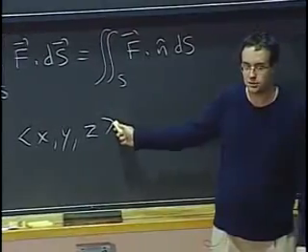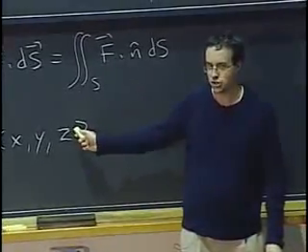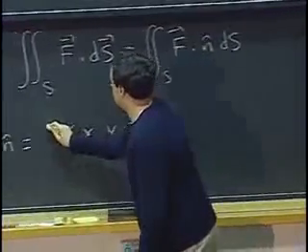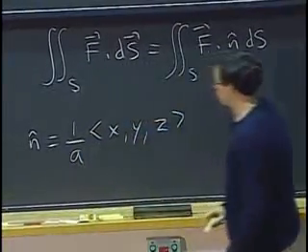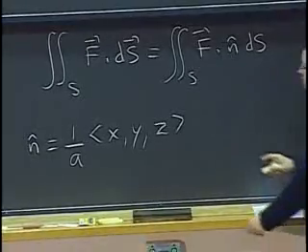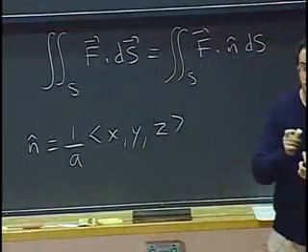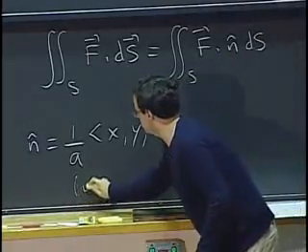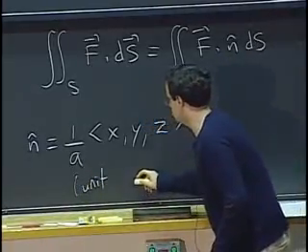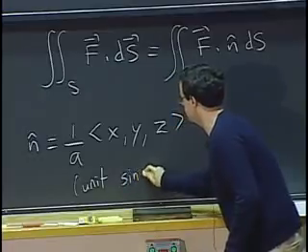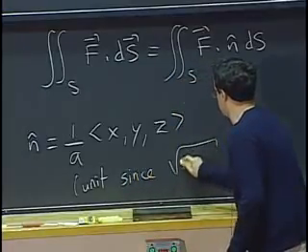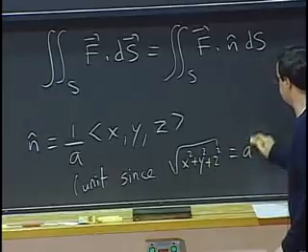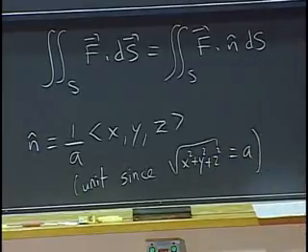But if I'm on the sphere, then that length is just equal to a, because the distance from the origin is a. So in fact, I get my normal vector by scaling this down by a factor of a. And let me write down, just in case you're still unsure, this is unit because the square root of x squared plus y squared plus z squared is equal to a on the sphere.